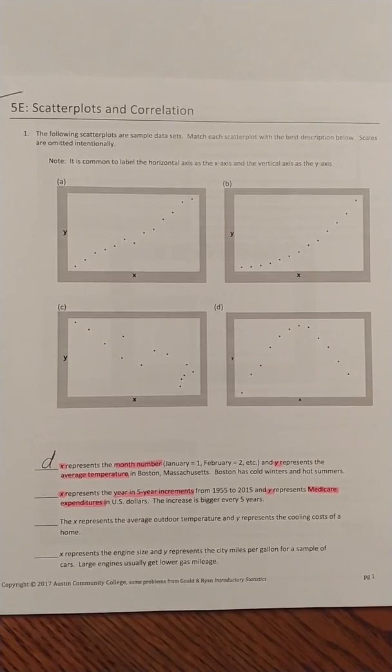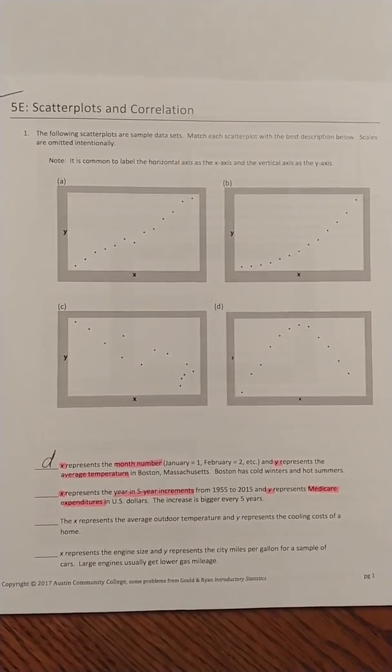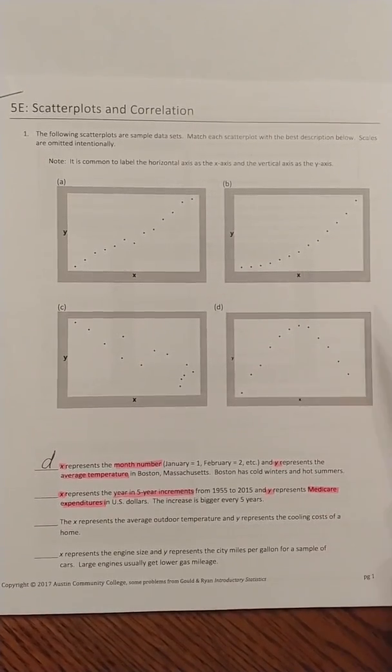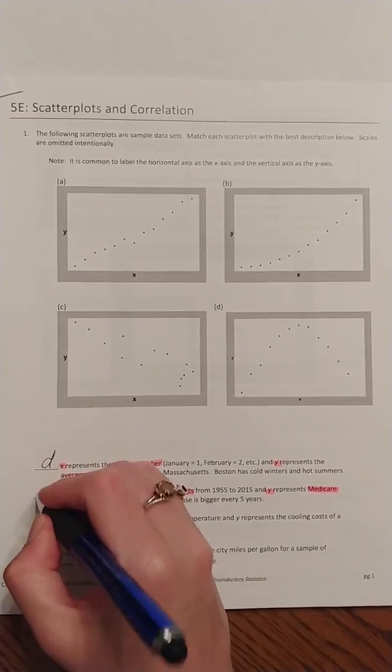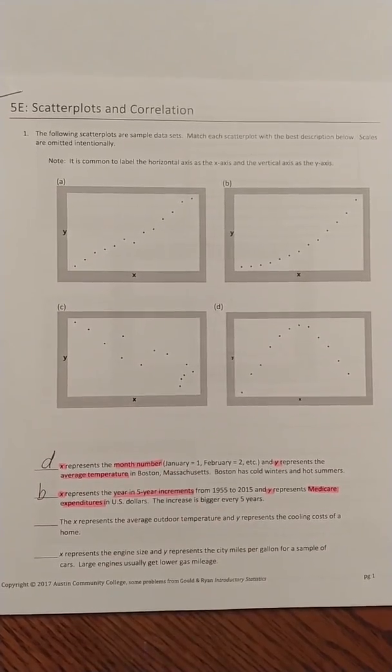From 1990 to 1995, it could have increased $1 million, right? So we don't really know the exact amount of increase, and it doesn't tell us that we have a constant increase either, which means it has to be an exponential function. And so that would be our B.